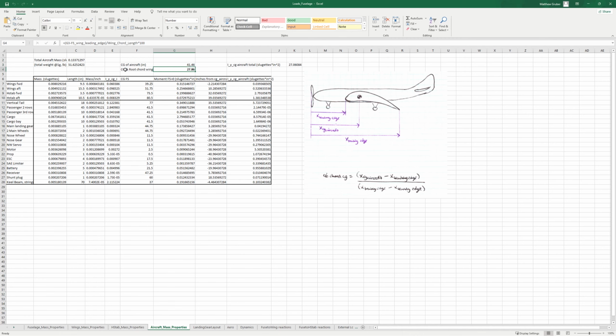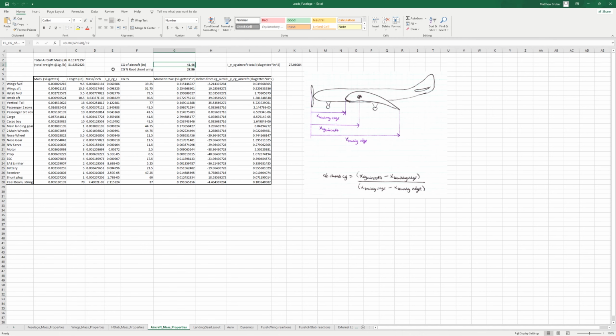This is the CG of the whole aircraft, located in terms of how far along the chord of the wing. Now that's a useful measure mainly for the aerodynamics people, but in terms of just calculating the loads, we just need this number here where the CG is.